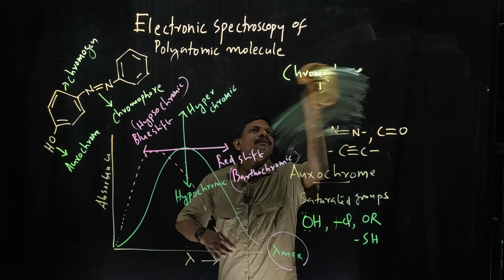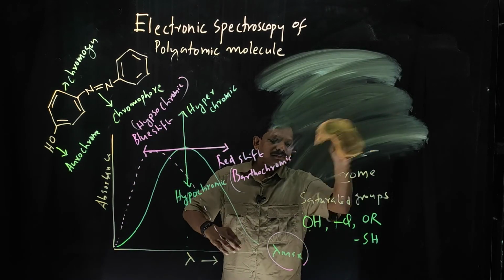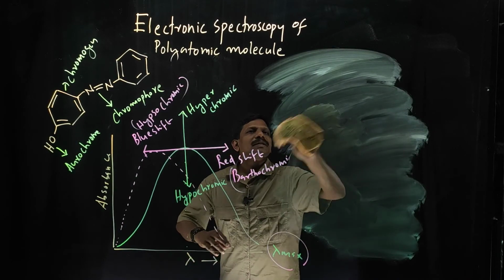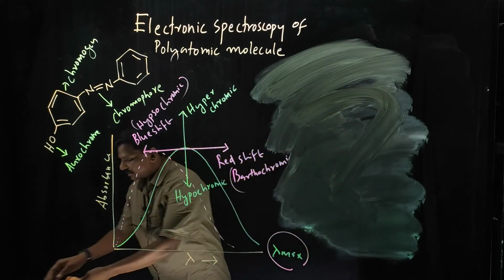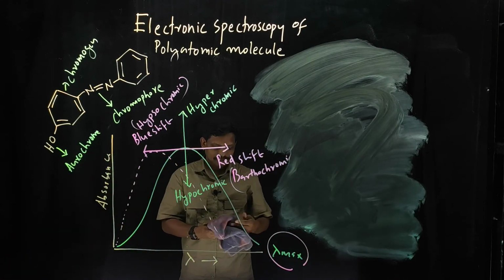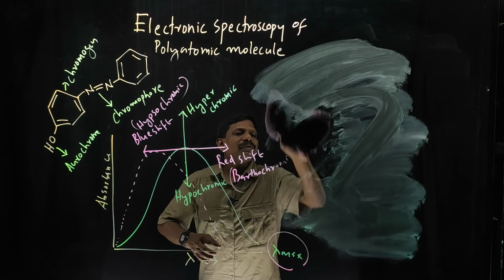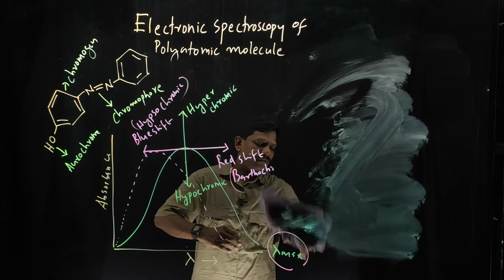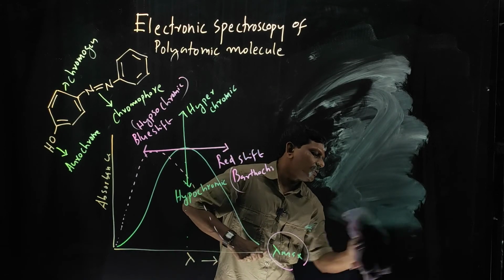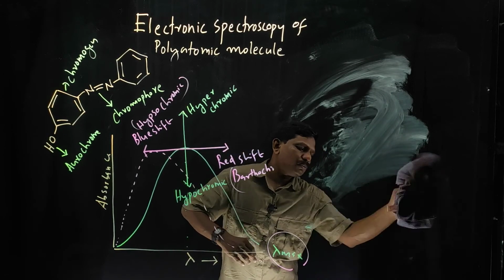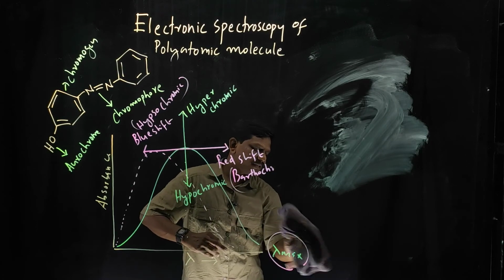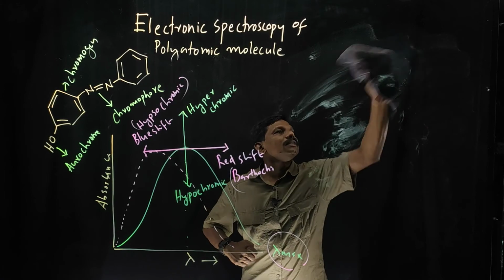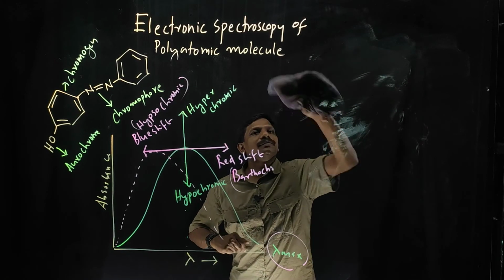We will just see two or three examples of how this shift happens in the lambda maximum, and what is the reason for the shift. Lambda maximum can be shifted to the red region, meaning the high wavelength region, and also to a low wavelength region according to the groups associated with it.